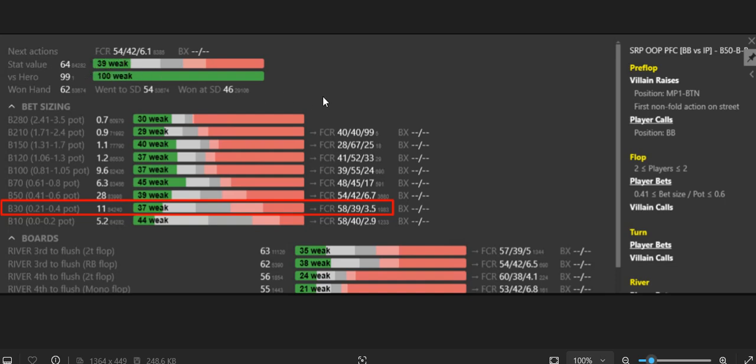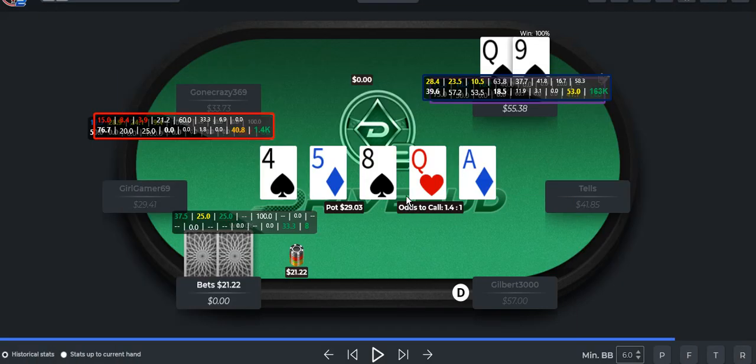So what that must mean is the fish telegraph their hand strength based on the initial donking size, okay? So if Donk 100 is 34 week and Donk 50 is 39 week, it logically makes sense that Donk 33 is probably weaker than Donk 50 and Donk 100, right? So that's another good data point, okay?